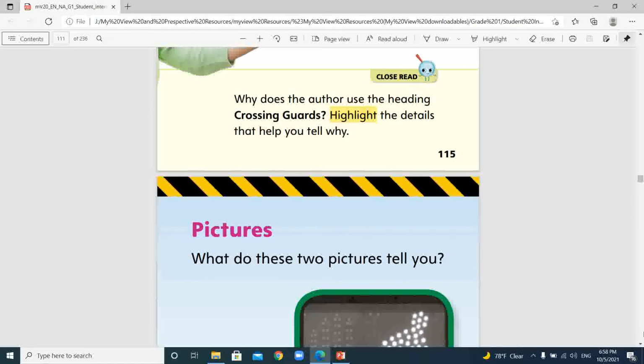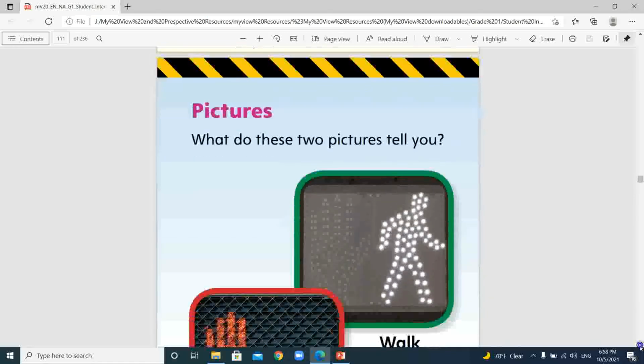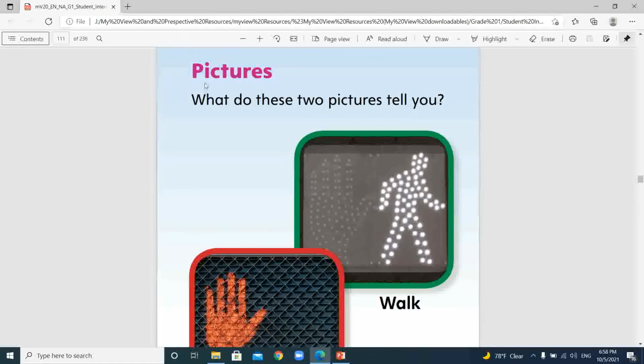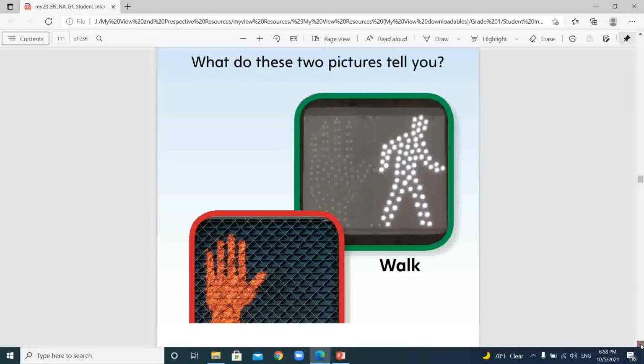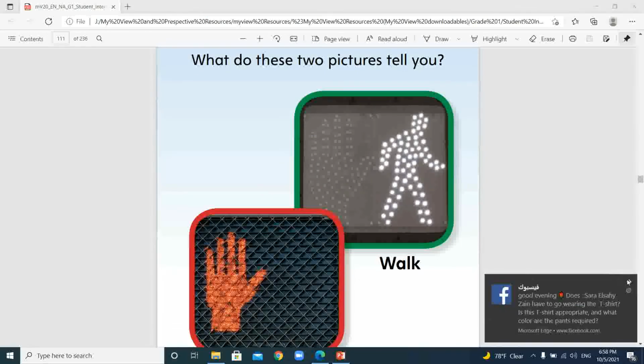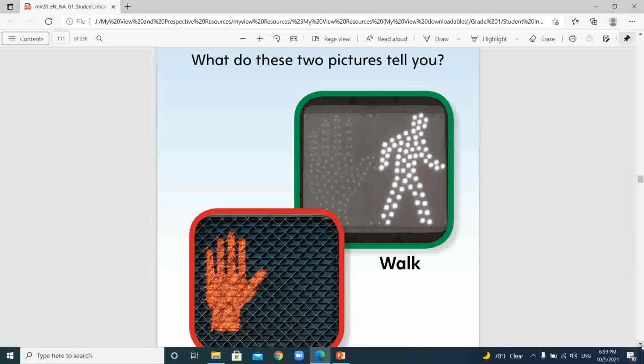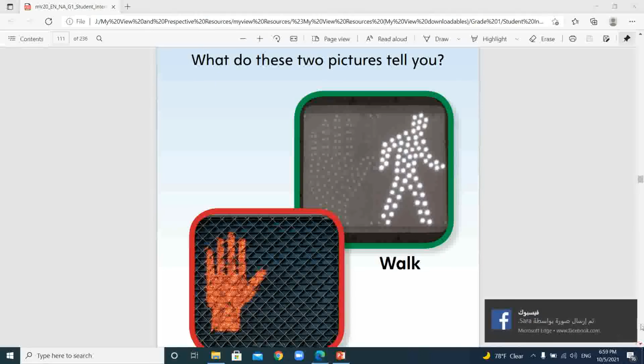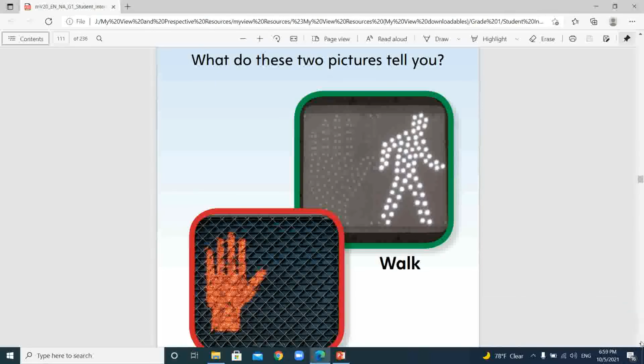Next, on the next page, we have pictures. This is another heading. Okay, what does it say? Pictures. What do these two pictures tell you? These are also signs that we are supposed to see on the street. Okay?